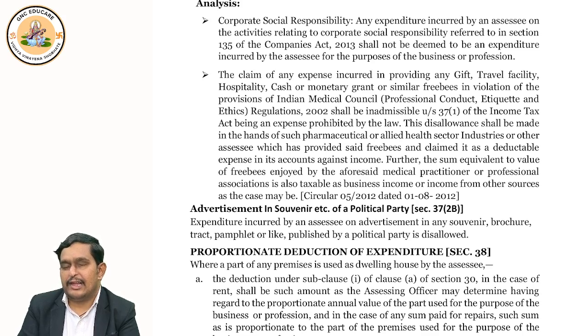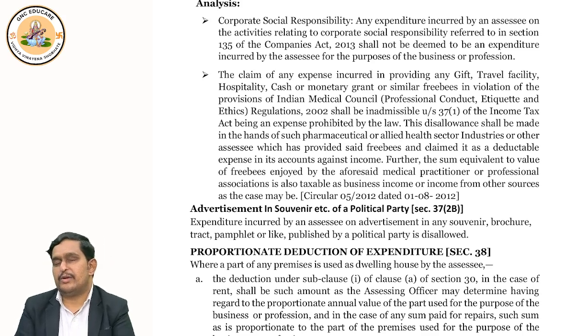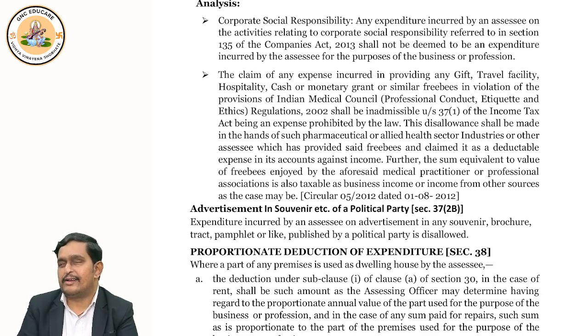That can be claimed because it is revenue in nature, because it is for the purpose of business in the previous year. Are you able to understand? Okay, right. But CSR expenditure not allowed. Family planning expenditure, sorry. Pharmacy companies giving bribe to doctors actually, which is not allowed. Okay, very good. So this way you should be able to understand all the points which I am telling. Shall we go to the next part?